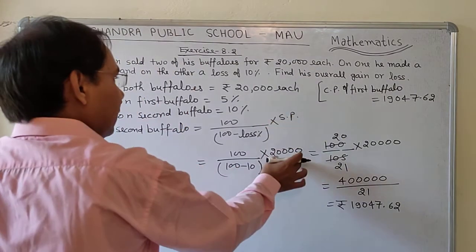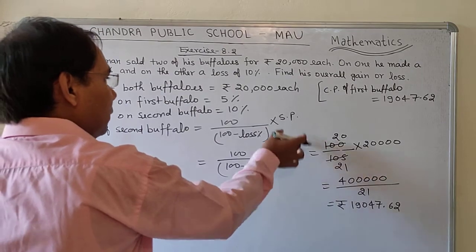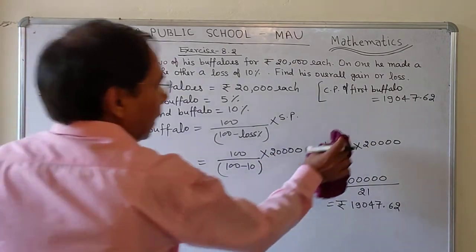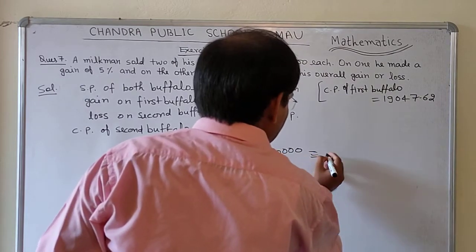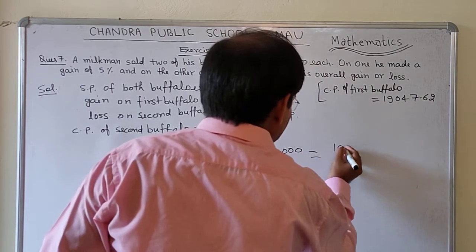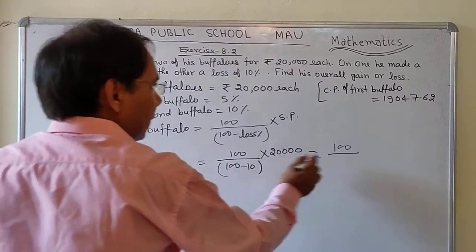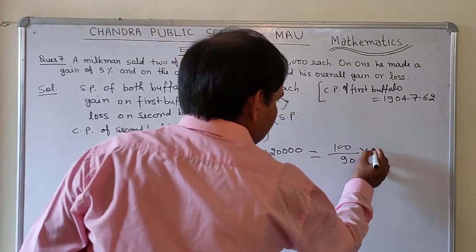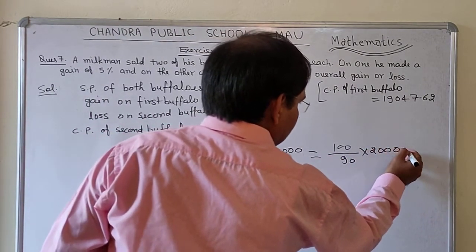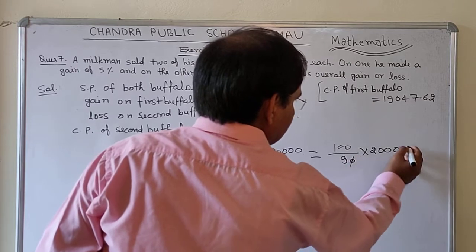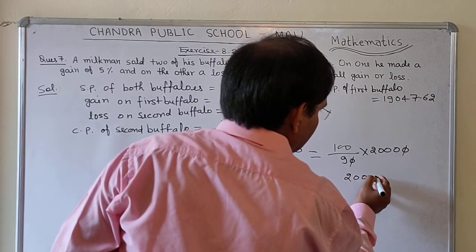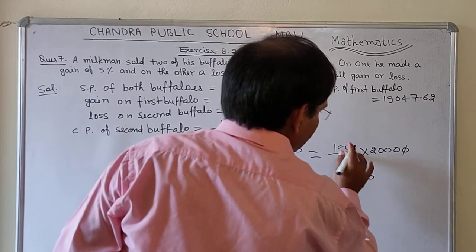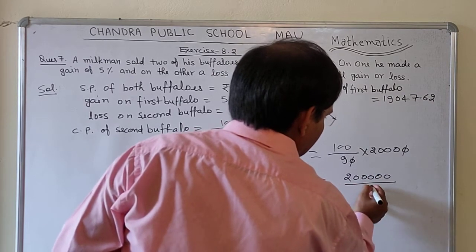Now friends, the selling price for the second is also 20,000, so it will be the same. After this the changes will be there. It will be 100 minus 10, that is 90, into 20,000. Now the 0 and 0 will cancel, and it will be 20,000, and 2 more 0s upon 9.